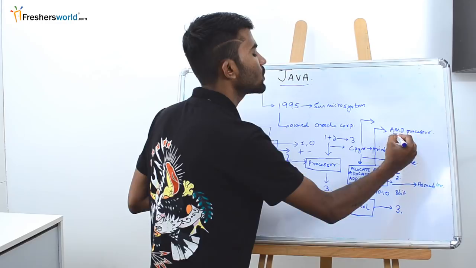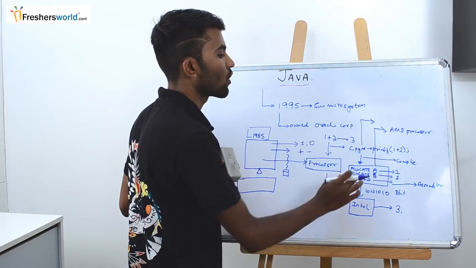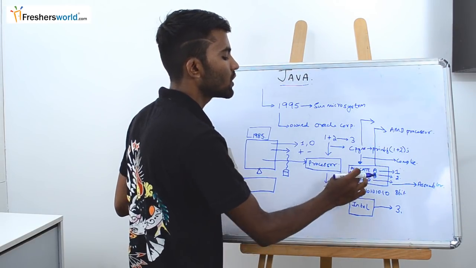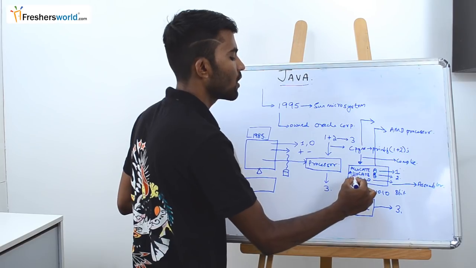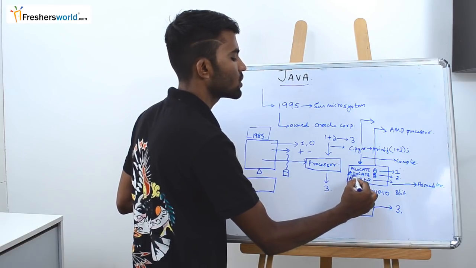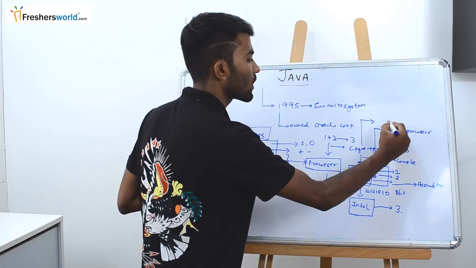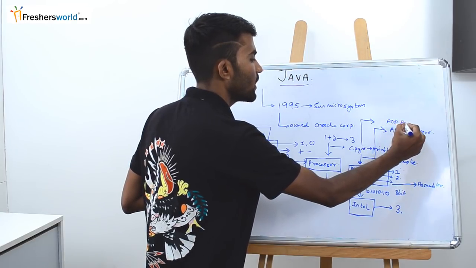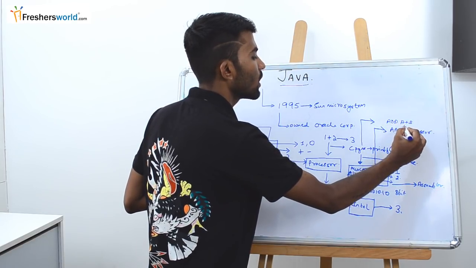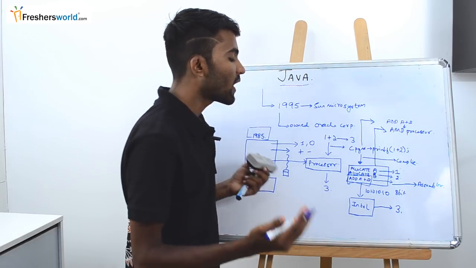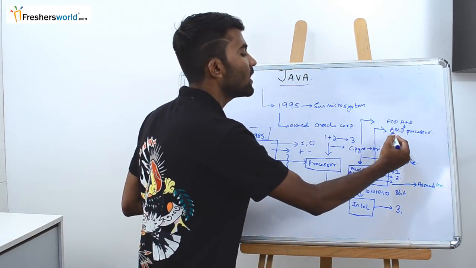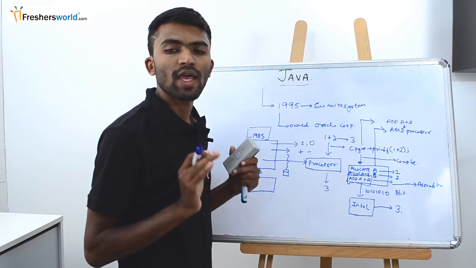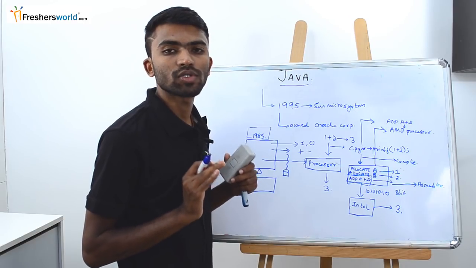Now when you want to execute the same assembly level code on your AMD processor, do you think the instruction that we have used here, something known as add a plus b, would work on an AMD processor? It might work, it might not work. Assembly level programming languages are entirely dependent on the processor.